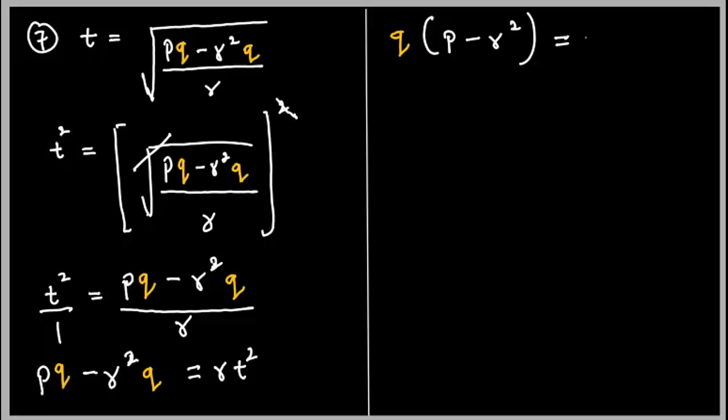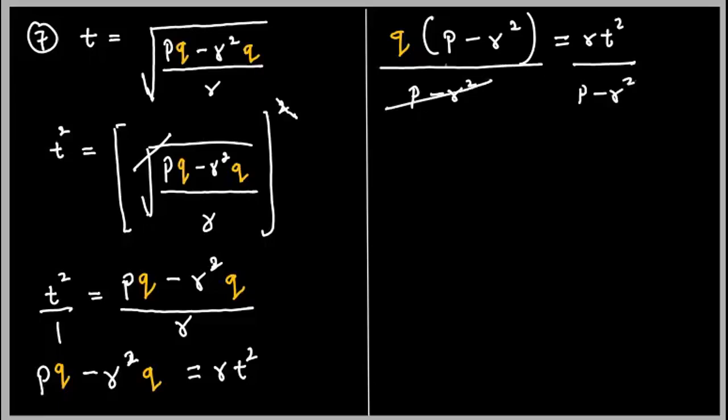And then equal to we have RT squared. So how can we get our Q? To get our Q, this bracket term must leave. So I will divide by the bracket term, Q minus R squared all over P minus R squared.